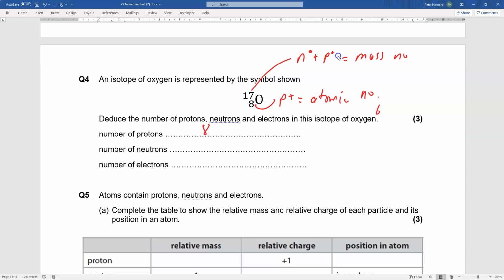If 17 is equal to neutrons plus protons, we know there are 8 protons. 8 plus something gives us 17, and the number which fits in here is 9. So we'll have 9 neutrons, and then the number of electrons in an atom is equal to the number of protons. So that's 8, this will also be 8.